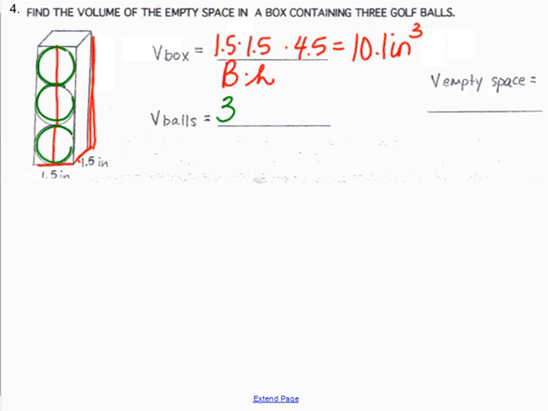That's going to be 4/3 pi r cubed. What's the radius? The radius is 0.75. I'm going to cube that. And when I type all that into my calculator, I end up with 5.3 inches cubed.